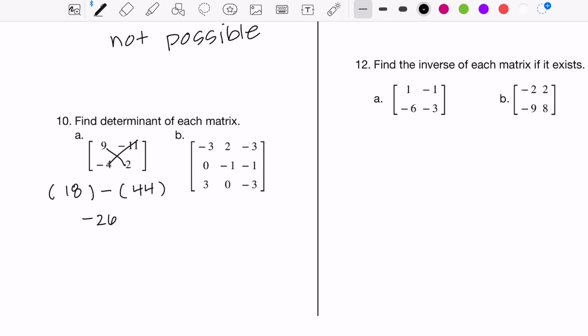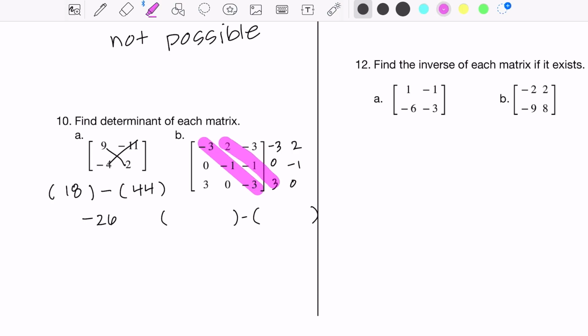Okay, for the 3 by 3, we've got to copy the first two columns. And then it's going to be big parentheses. And then we're going to start with these columns just like we started before. And we get negative 9 plus negative 6 plus 0.